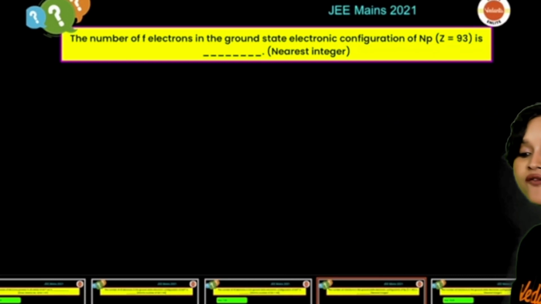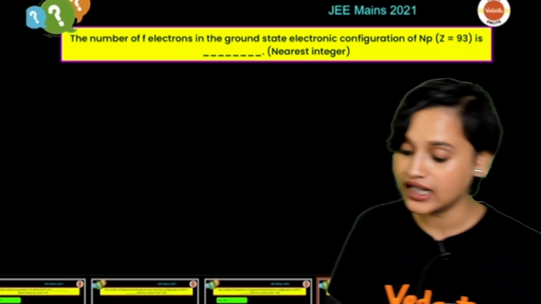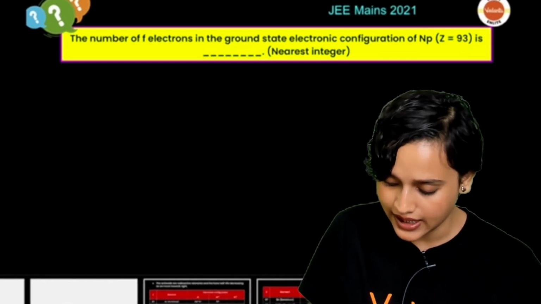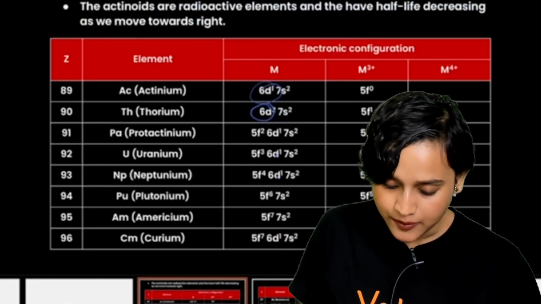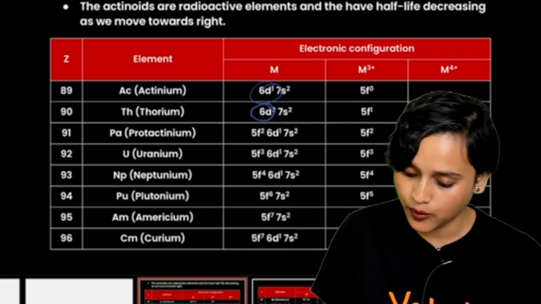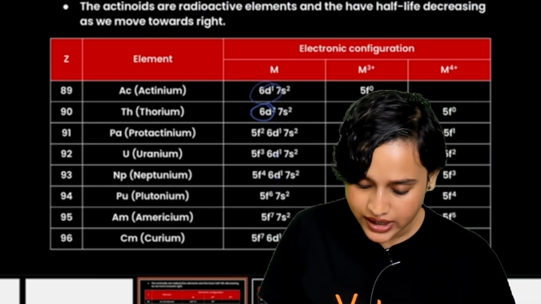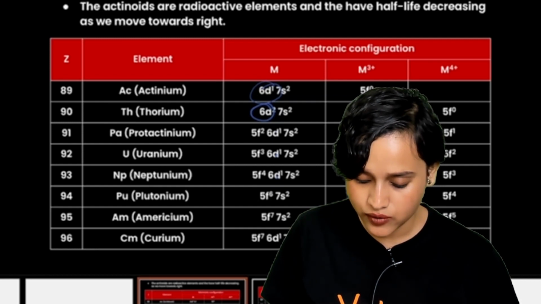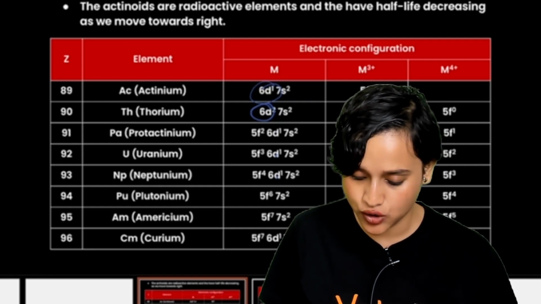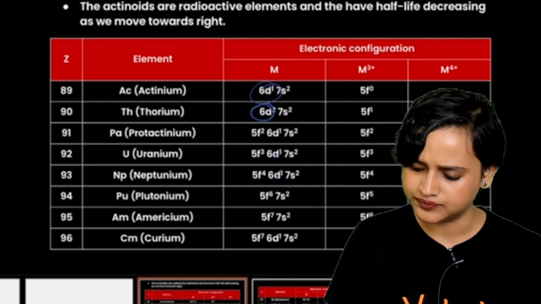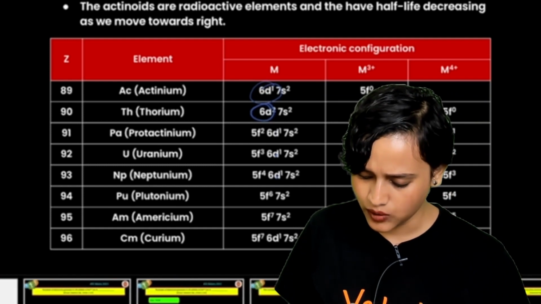The number of f electrons in the ground state electronic configuration of Np. Np is neptunium. How many do we have for neptunium? Here we have ground state. So 4, 1, 5, 4 plus 1, 5, 6, 7. What is the question once again?